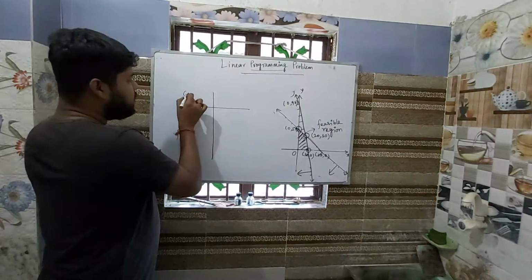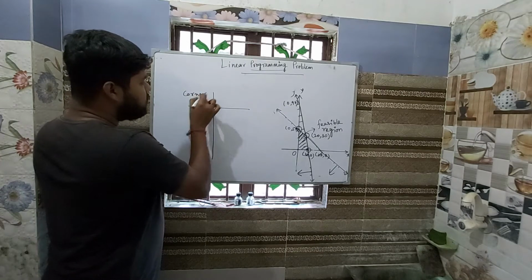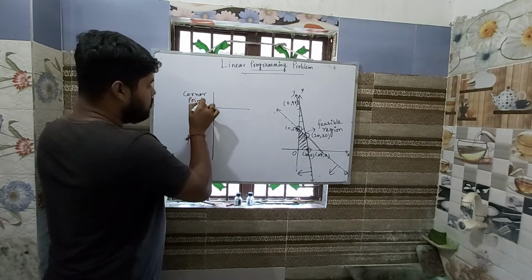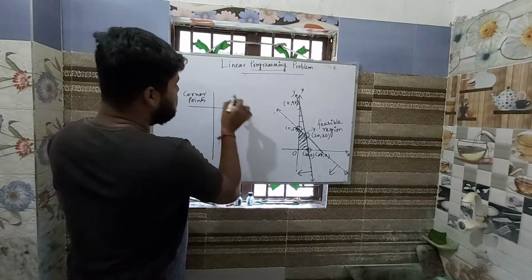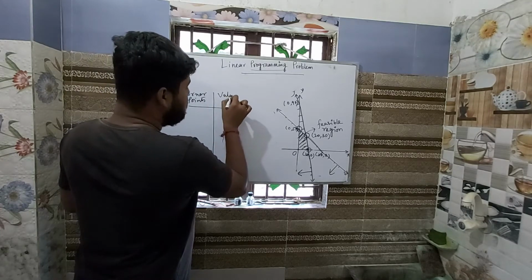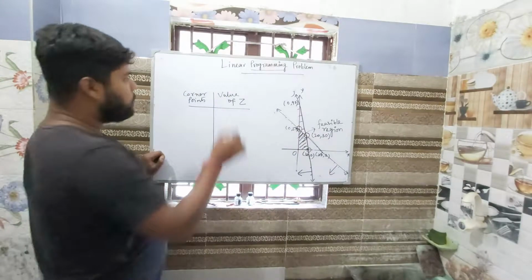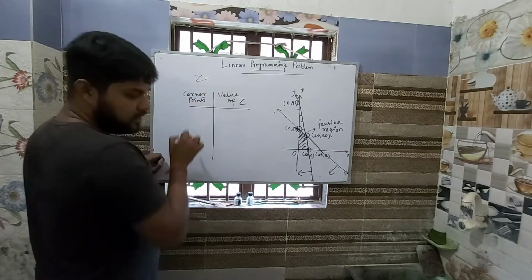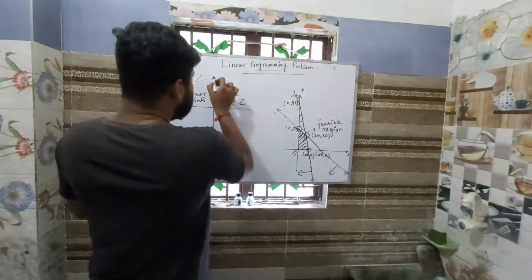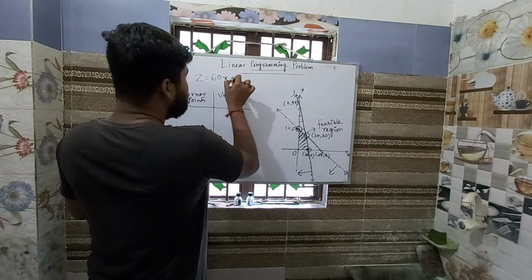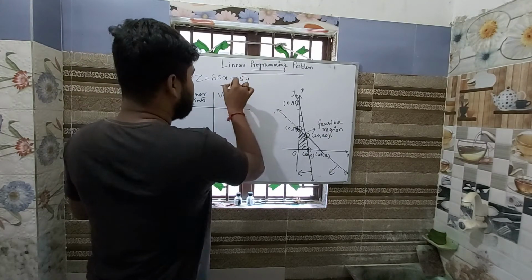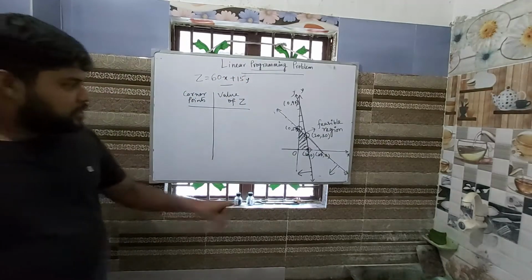First side, it will be corner points, and on the right side it will be value of z. Now remember, what was z? I just erased it. Z was 60x plus 15y, right? So corner points, what are the corner points?